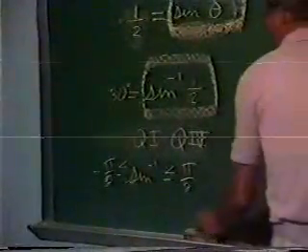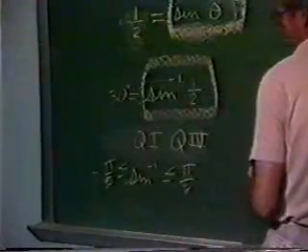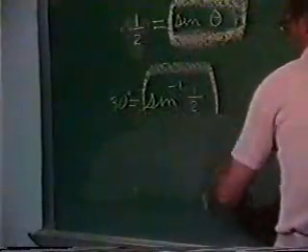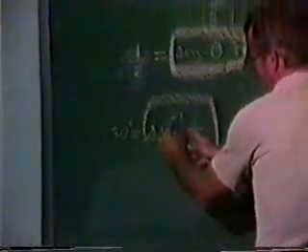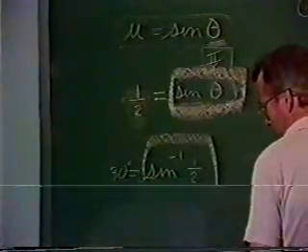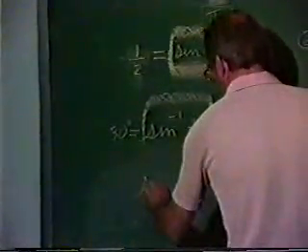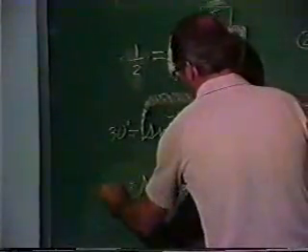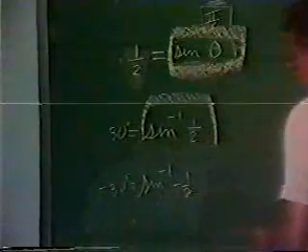So the inverse sine of 1/2 is 30 degrees. No other choice. The inverse sine of minus 1/2 is minus 30 degrees.